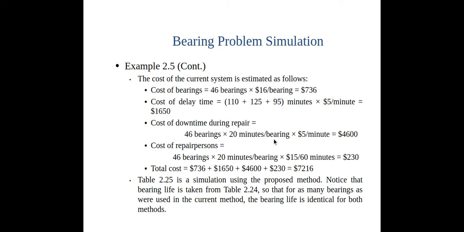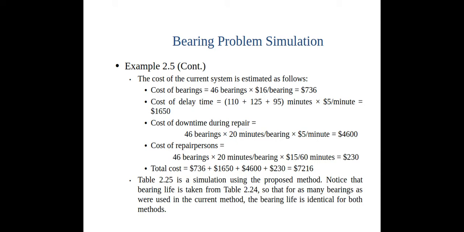Here is the total delay minutes, and downtime costs $5 per minute in the mill. So the total cost of the delay time is $1,650.